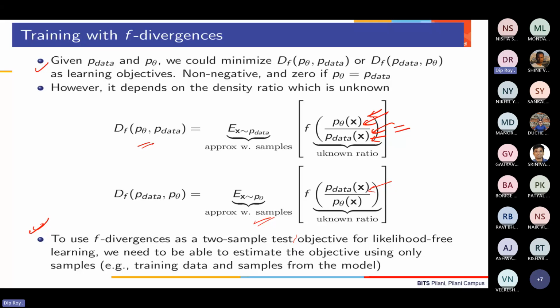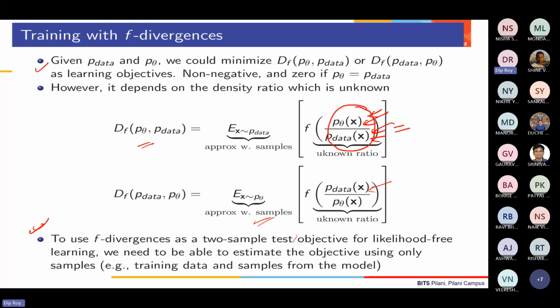Now, one thing should be clear to you at this point of time is that the machinery that we have built up now says that you have an optimization problem, but you cannot solve this.